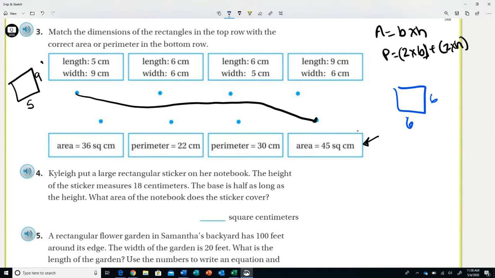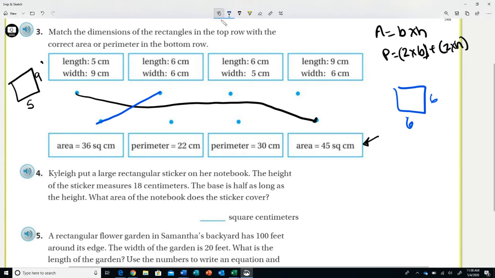Does anything have 24 centimeters? And in fact, it does not. So then now I know I need to find the area. 6 times 6 is 36. And it turns out those two belong together. Just be careful that you find the area for area and you find the perimeter for perimeter. So it's checking to see if you know the difference in those two formulas.